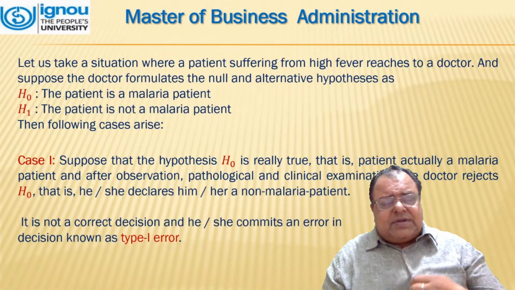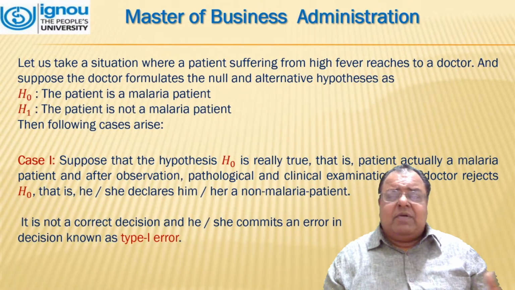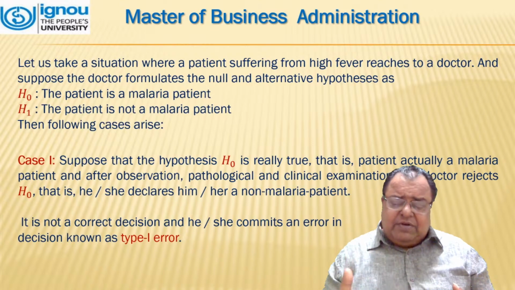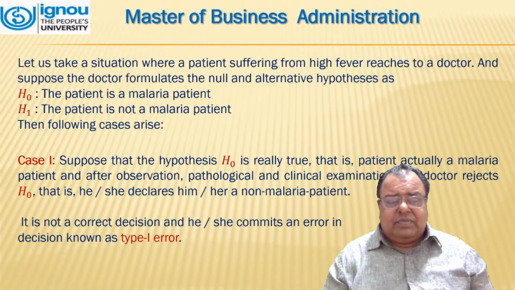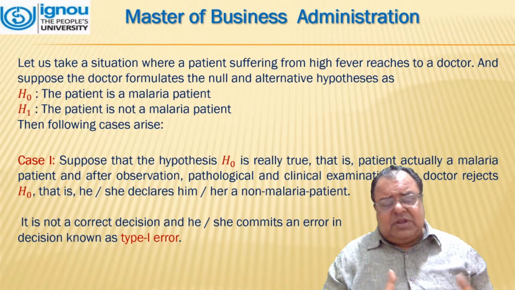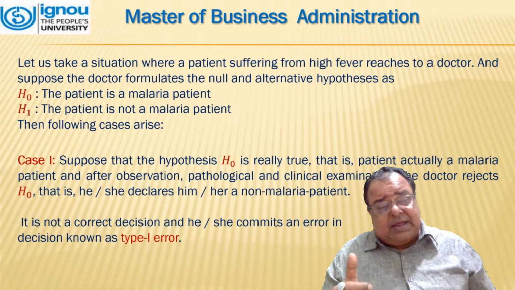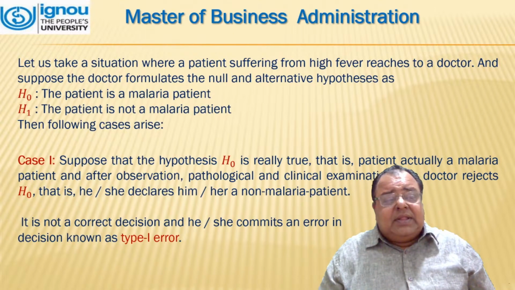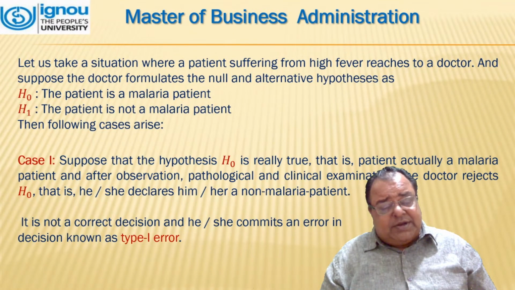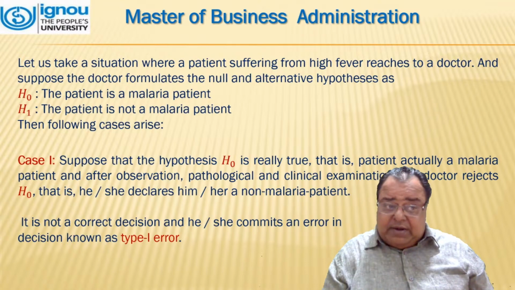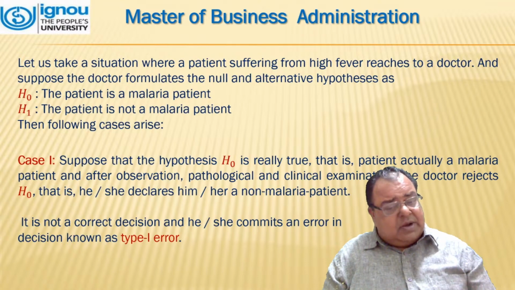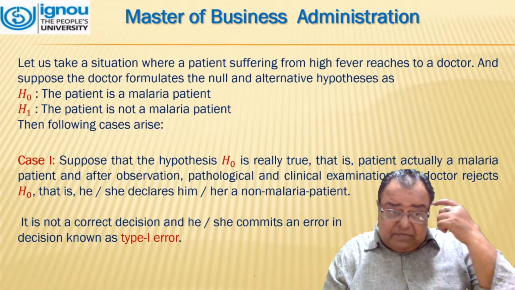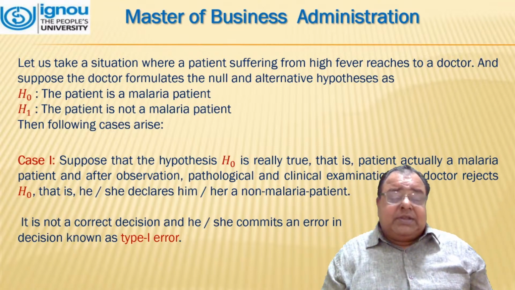Let us take a situation where a patient suffering from high fever reaches a doctor. Suppose the doctor formulates the null and the alternate hypotheses as H0: the patient is a malaria patient, and H1: the patient is not a malaria patient. Then what are the different cases that arise?